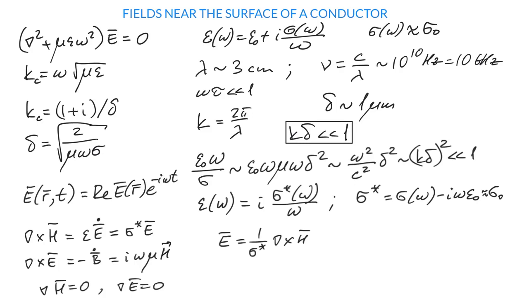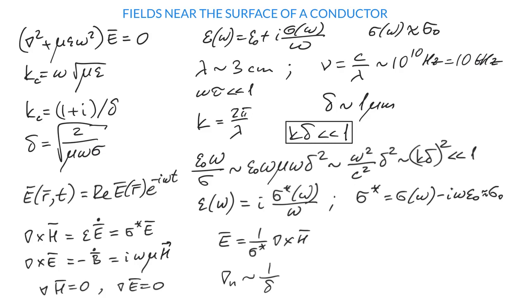There is a derivative in the direction perpendicular to the surface, and derivatives in the directions parallel to the surface. The derivative perpendicular to the surface, let's call it delta sub n, will give us something of order 1 over delta.